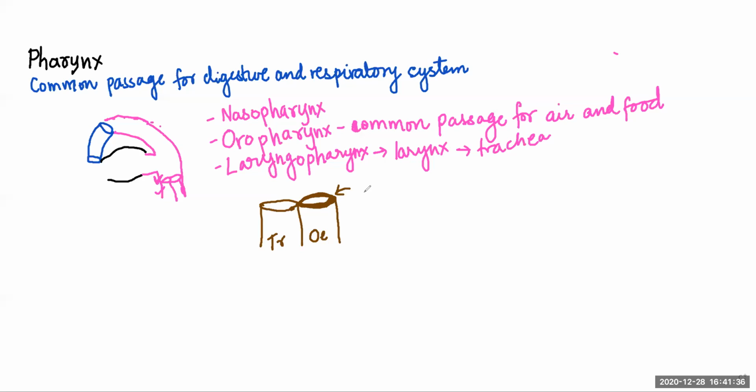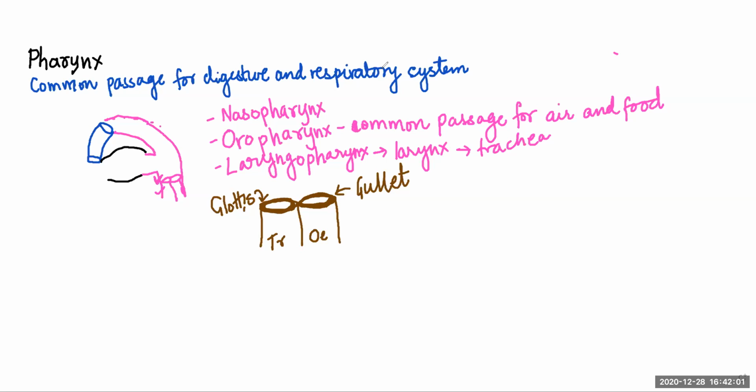Very good Khushi. The opening of the pharynx which opens into the esophagus is the gullet, and the opening of the pharynx which opens into the trachea is called the glottis. So there is the glottis and then there is the gullet.